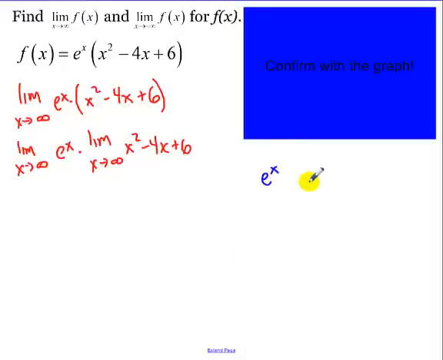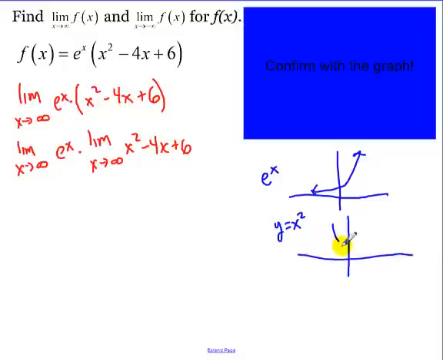Now use your knowledge of graphs. Just knowing what e to the x looks like. e to the x is an exponential function, looks something like that. This function, x squared, we know has the general characteristics of y equals x squared, which is some parabola. I'm just not sure where my vertex is, but I just need to know general characteristics. So general characteristics tell me that as I go to positive infinity of e to the x, I'm going up and up and up to positive infinity.